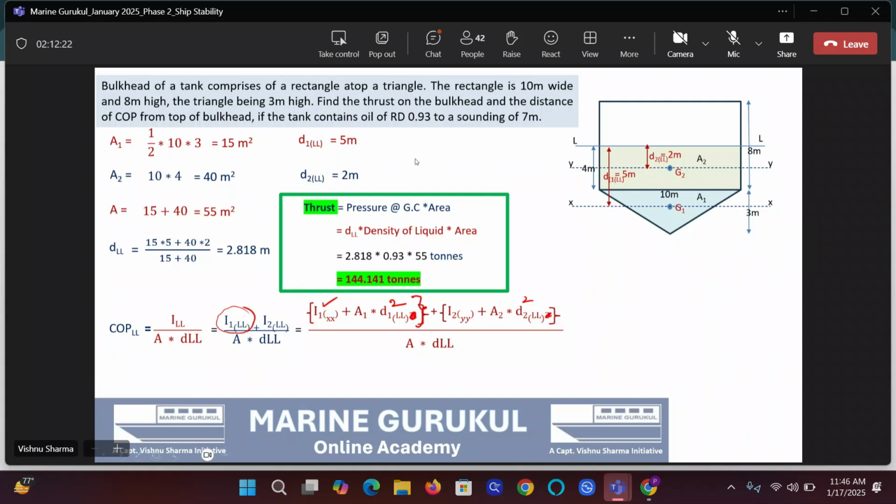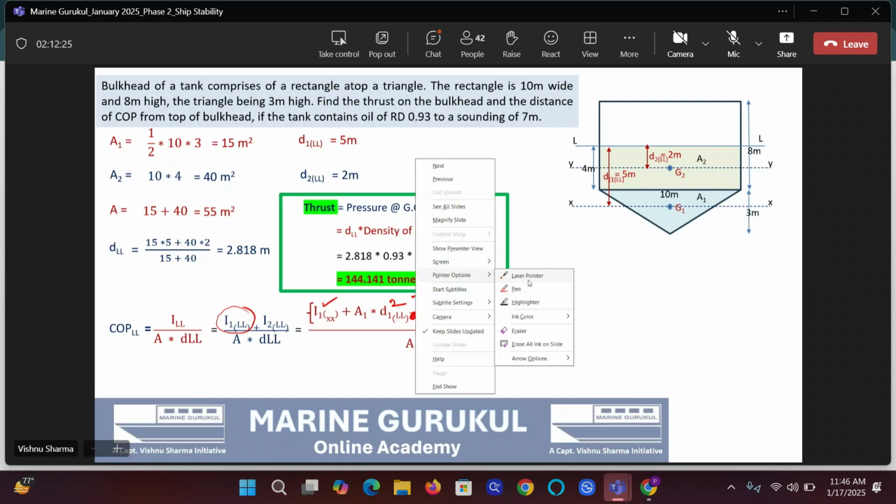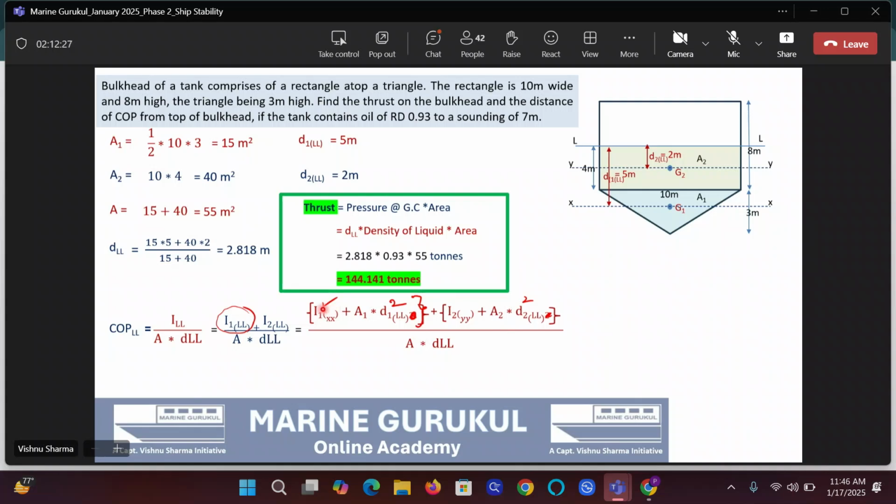Let me use the laser. Guys, this one. Abhinav says 10 into 3 cube by 36. Is he right? Yes, sir. This term. Akash, is he right? 10 into 3 cube by 36, plus area 1 is 15.